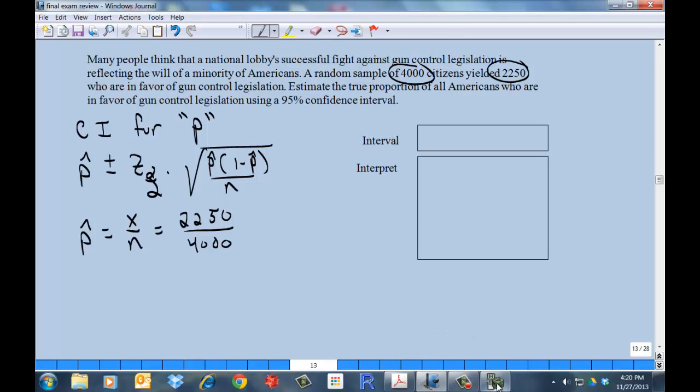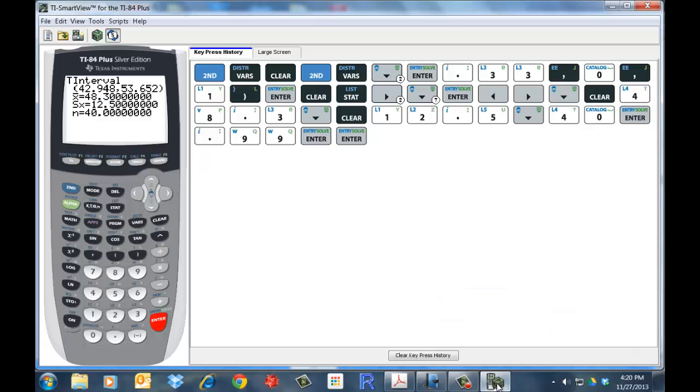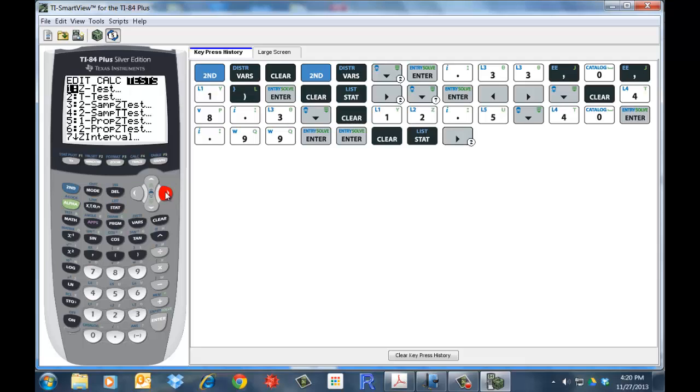So let's go over here and see if we can pull it up. We'll clear everything out. We'll go to Stat, go over to Test. And this is going to be a 1 proportion Z interval.